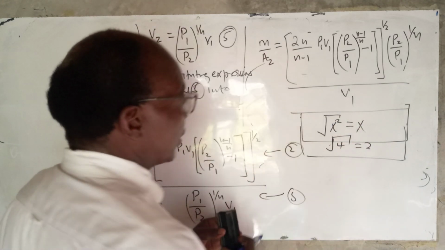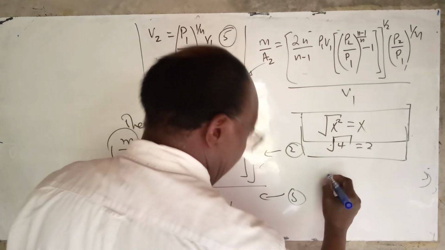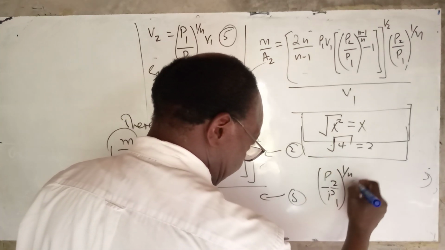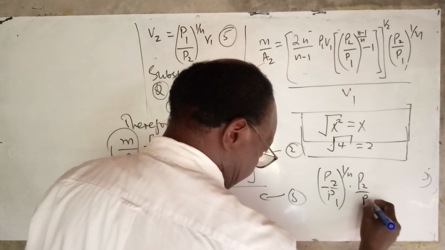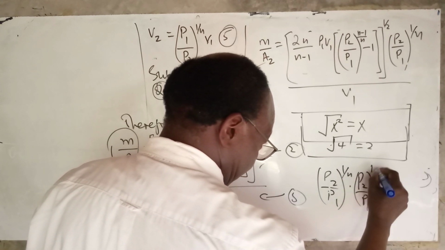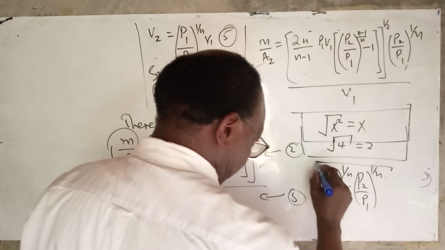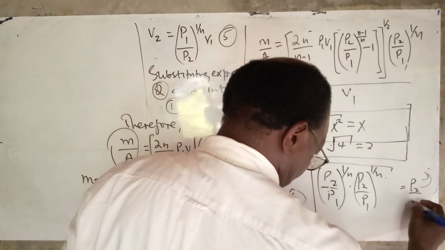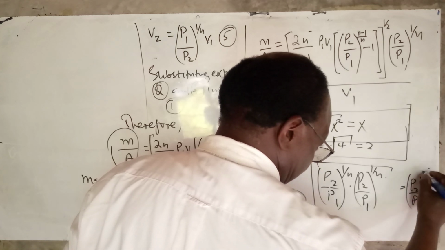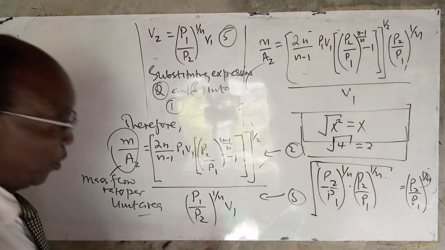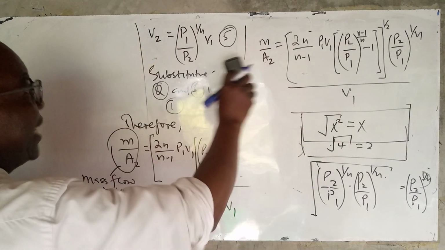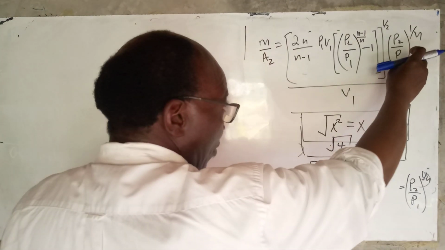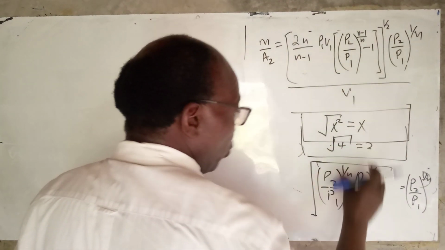So in this particular case, what are we saying? P2 over P1 to the 1 over n times P2 over P1 to the 1 over n, if I take the square root of that, is the same as P2 over P1 to the 1 over n. But now, what has changed there? When I want to take this inside here, I will have to square it.